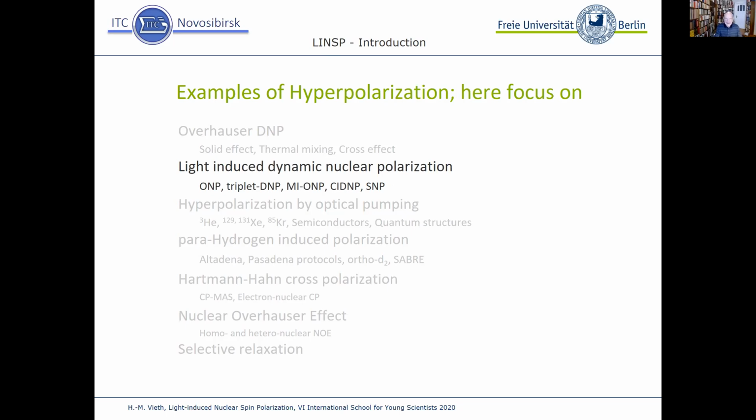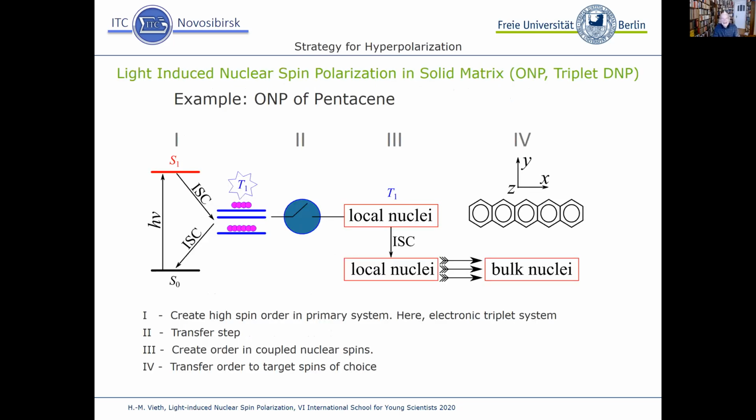In the liquid phase, it's CIDNP, or when we use in addition irradiation in the microwave or in the radio frequency range, we talk about microwave-induced ONP or SNP. Here, I will start with light-induced nuclear spin polarization in solid matrix.